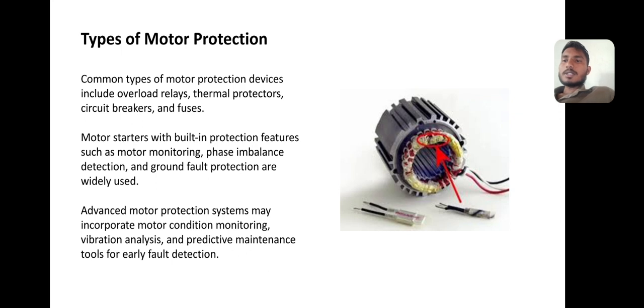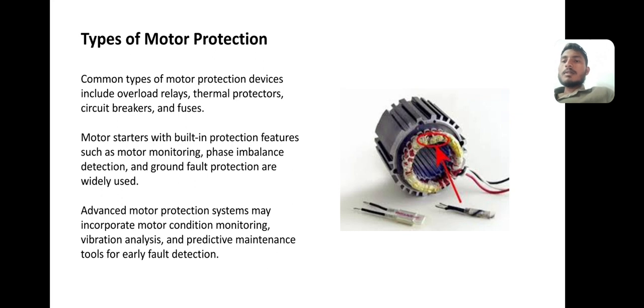Types of motor protection. As you know, there are different types of motor protection. Common types of motor protection devices include overload relays, thermal protectors, circuit breakers and fuses. Overload relays operate when there is an overload, that is, when the connected load is higher than the motor's bearing capacity.